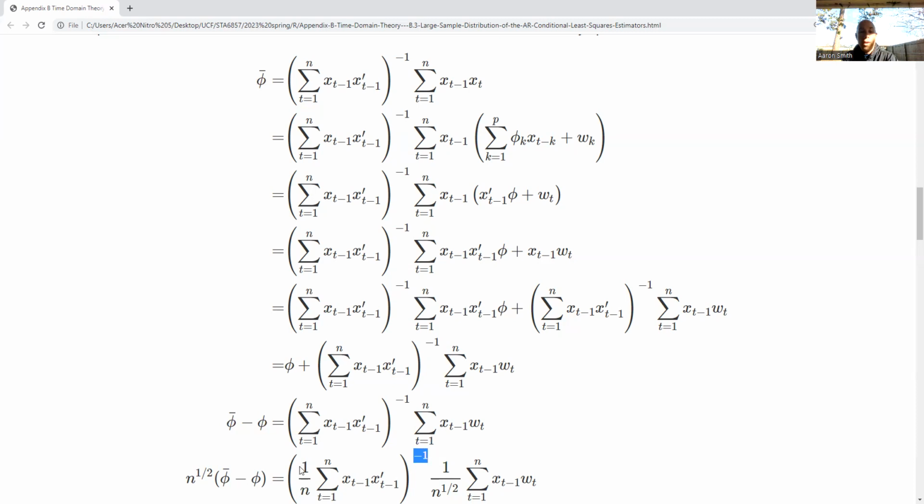Because it's on the inside of the inverse, if I were to pull this out in front, that would in fact be an n. If I put it out front, outside that parenthesis with the inverse, this 1 over n would in fact be an n divided by the square root of n. I'd be left with the square root of n. So I have a balanced equation.